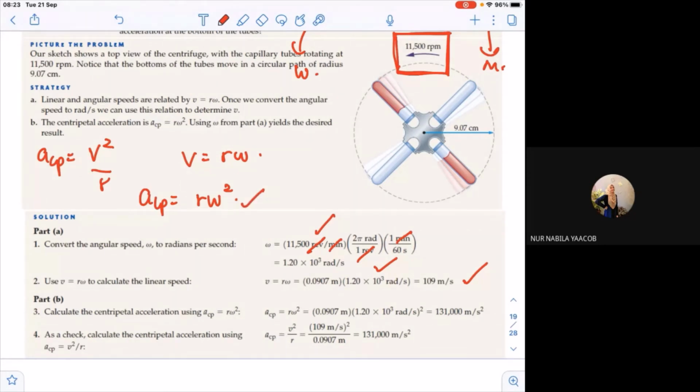After replacing R with 0.0907 and omega with its value squared, they get about 131,000 meters per second squared. At the same time, if they use the linear speed, v squared over r, they also get 131,000 meters per second squared.